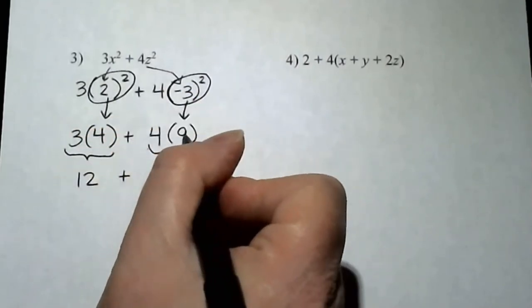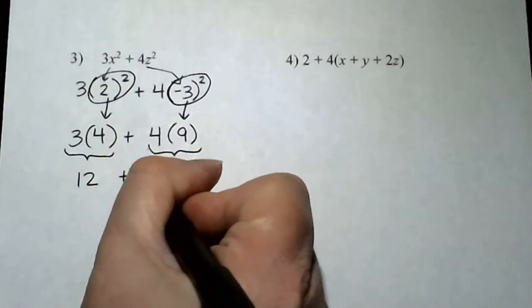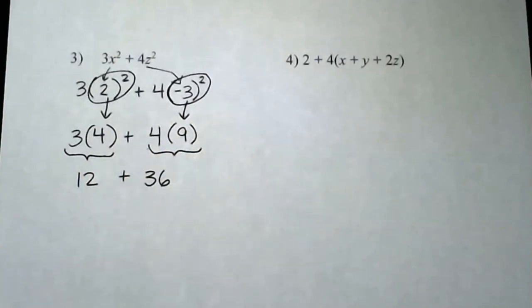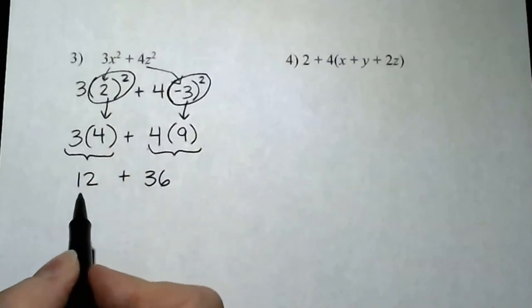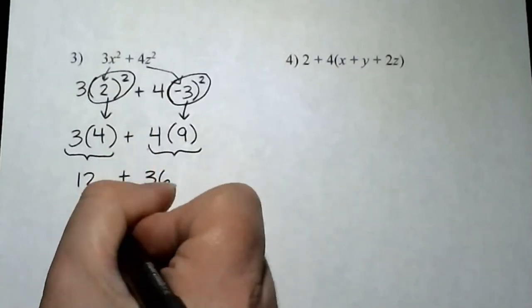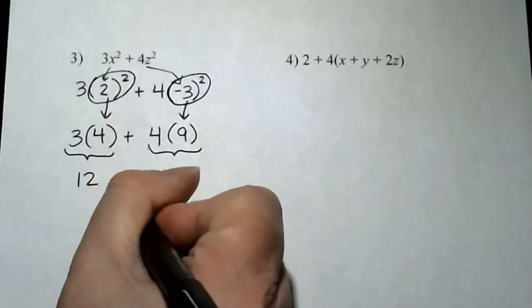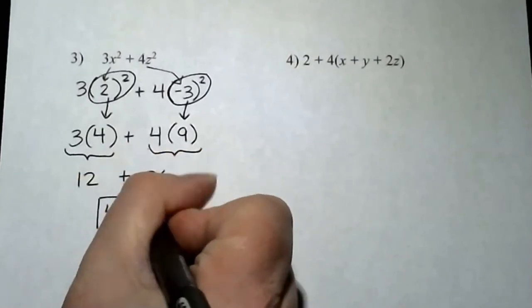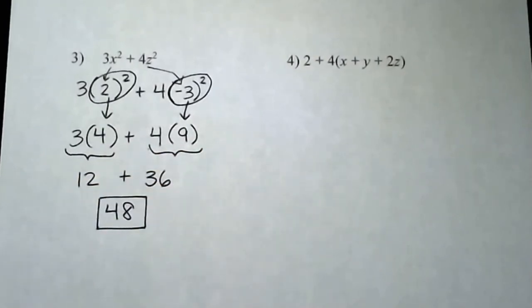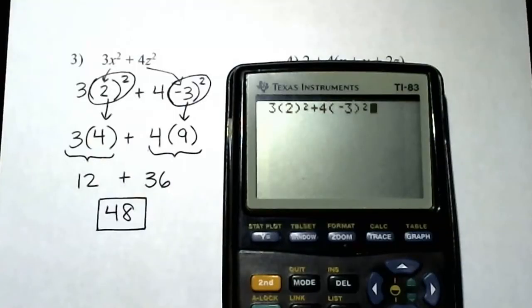And 4 times 9 is 36. Last, now I can add this up. And my final answer is 48. And I plugged it into my calculator to check, just the way I wrote it on the paper, and it checks out. So that one's done.